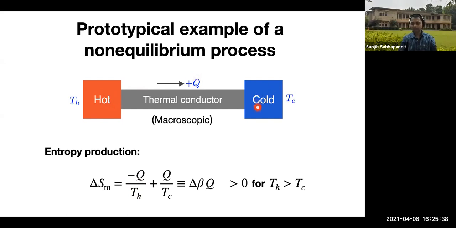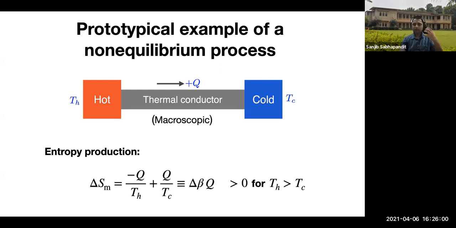The same amount of heat you are adding to this reservoir, so this is Q divided by the temperature of this one. And as you see, the total is a positive quantity because T_H is greater than T_C. So this is an example of entropy production in non-equilibrium systems.